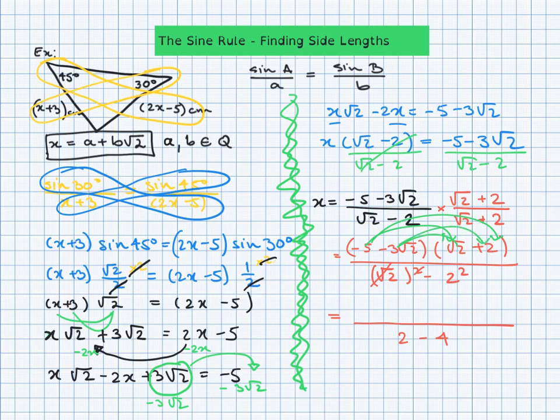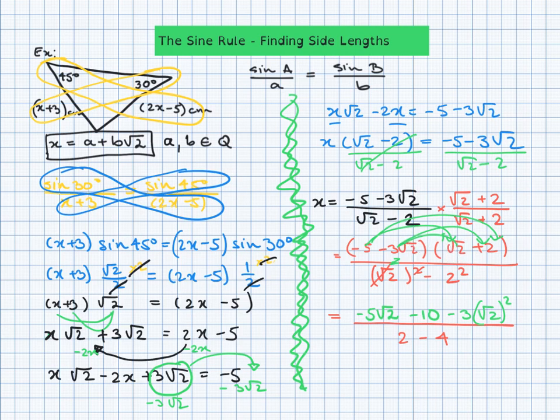So -5 times √2 is -5√2. -5 times plus 2 is -10. -3√2 times √2 is going to be -3 times √2 to the power of 2, because we have that twice, once here and once there.